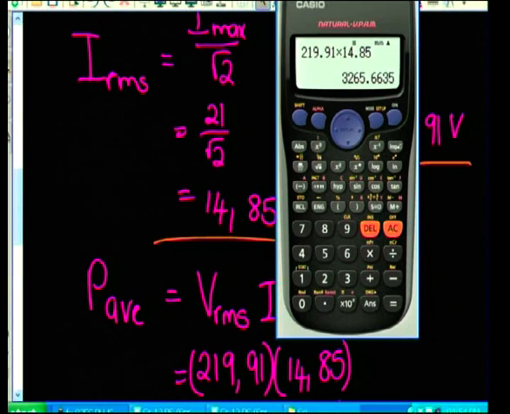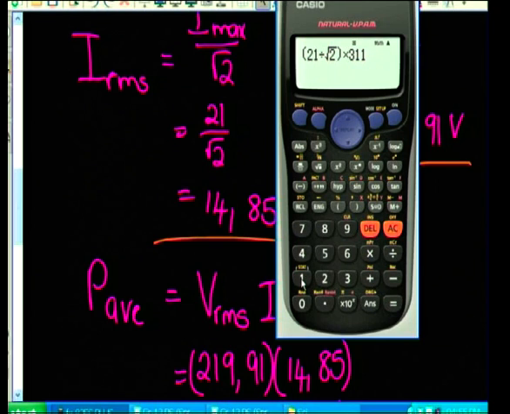If you stored both of those into your calculator, you would get the same answer. Or if you did it in one sum. So in other words, if we went, okay, let's calculate 21 divided by square root 2 times 311 divided by square root 2. Sorry, it's because I put the bracket there. I don't actually know how to get rid of the bracket, there we go.